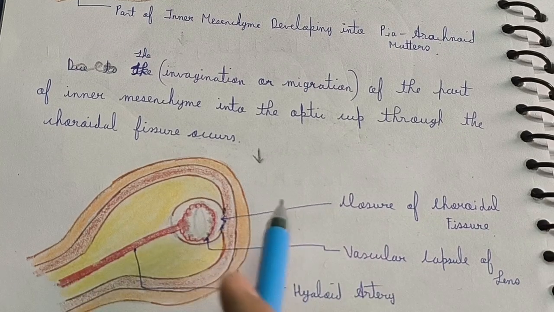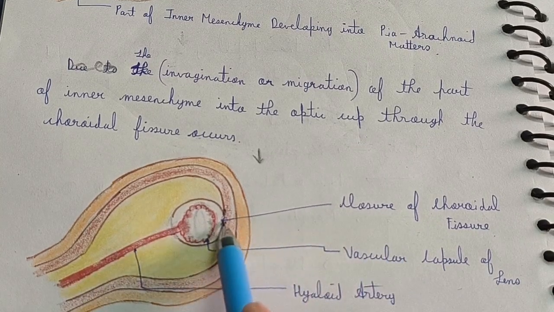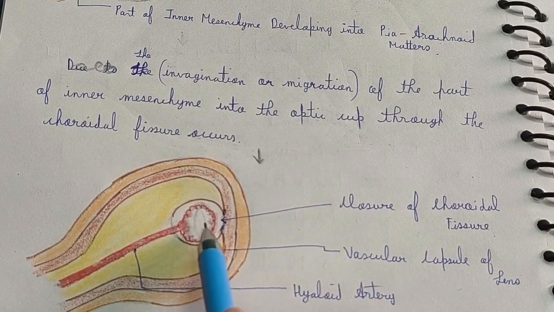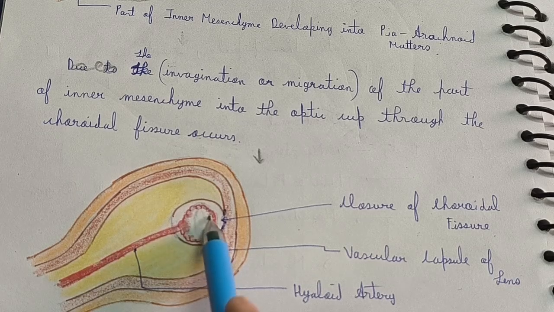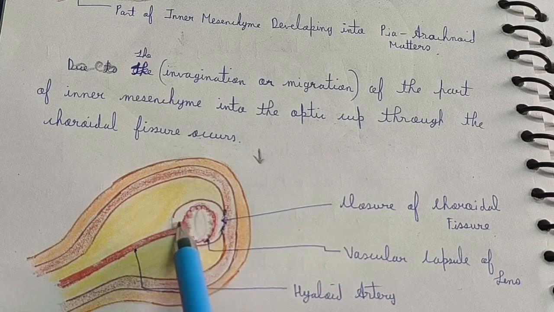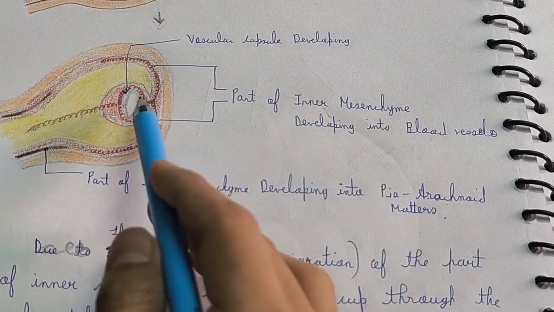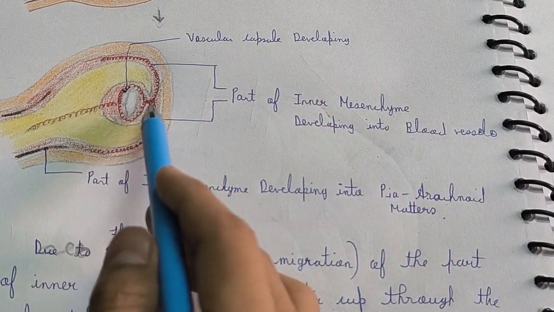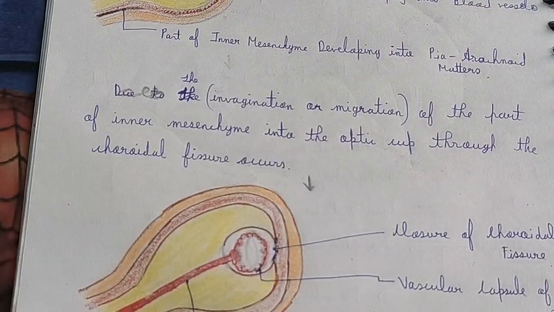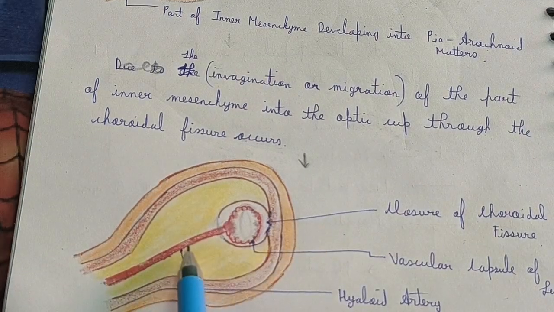After the closure of this choroidal fissure, you can see that a vascular capsule is made around the lens vesicle, and the part of the inner mesenchyme which enters the optic stalk through the choroidal fissure is converted into the hyaloid artery.